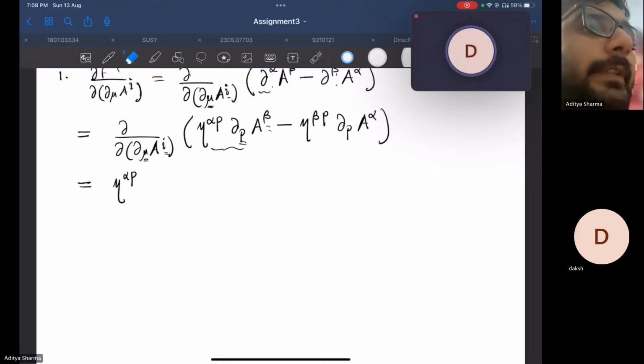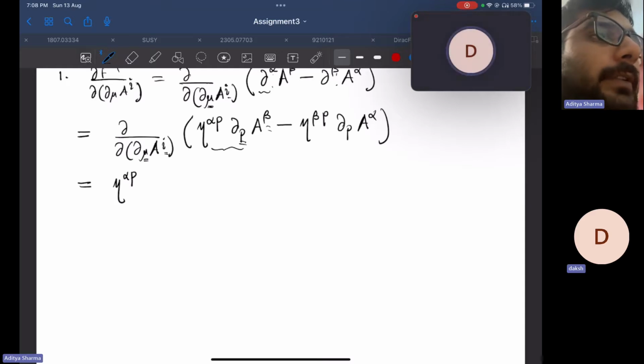So this part will only be non-zero when your p is equal to mu, and be very careful about notations, and i is equal to beta.